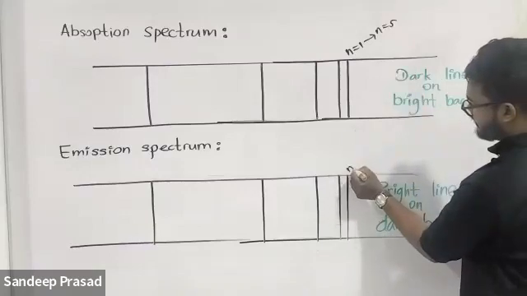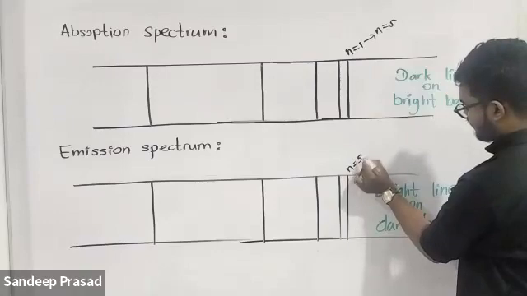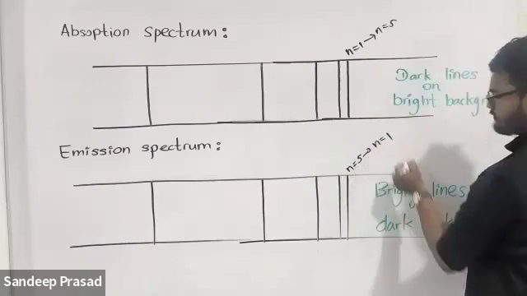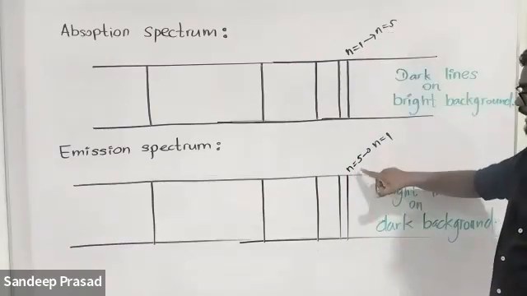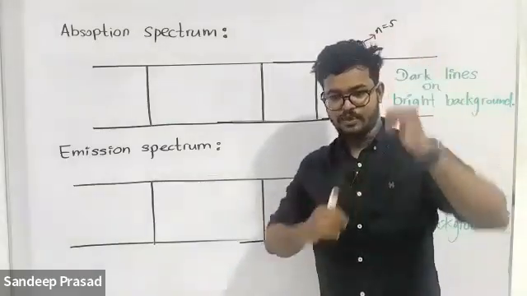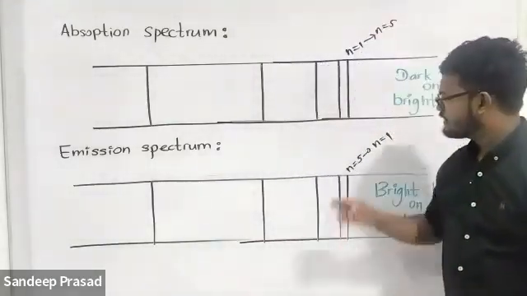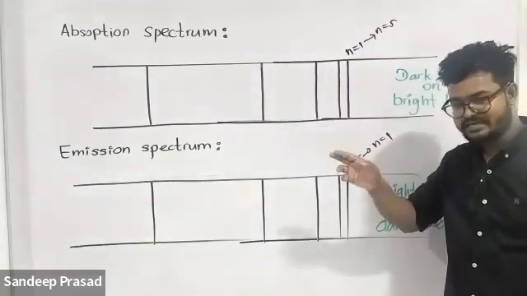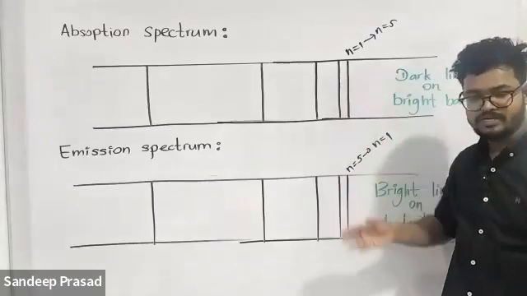And this is the electron transition n equal 5 to n equal 1. What is the common factor? The same two energy levels. Energy gap is same. That means the amount of released energy is equal to the amount of absorbed energy.